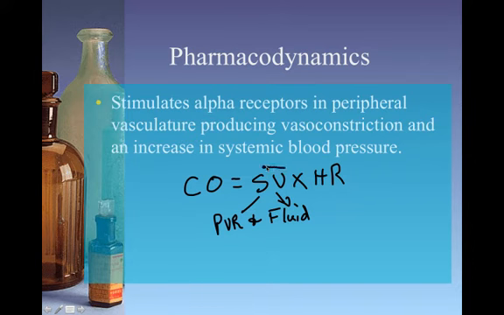Both of those go into the amount of stroke volume the patient actually has, or the amount of blood ejected from the heart. The heart rate factor comes into play: the faster the heart rate, the more can be pumped per minute out into the system. What this medication does is take very large vessels and decrease them in size.